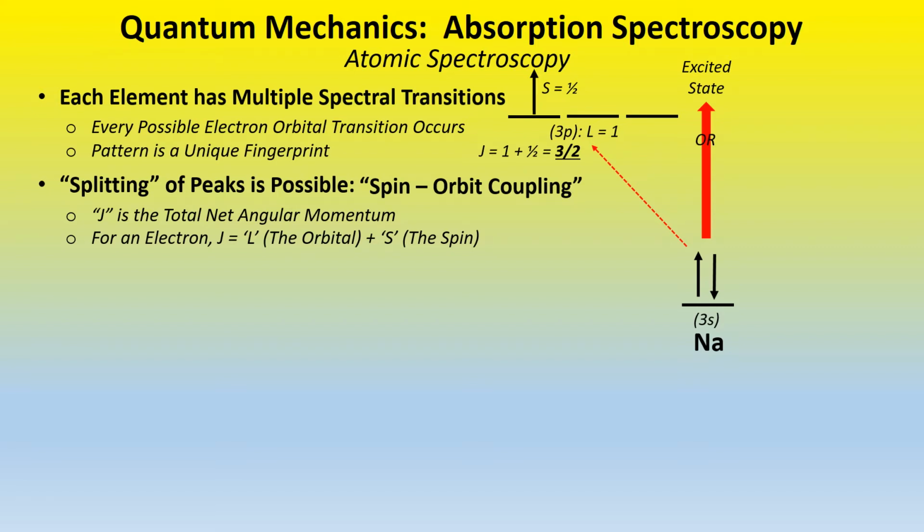Or the down electron could be elevated, now with a spin of minus 1/2, with the 3p orbital, L still being equal to 1. J is now equal to 1 minus a half, which is 1/2.